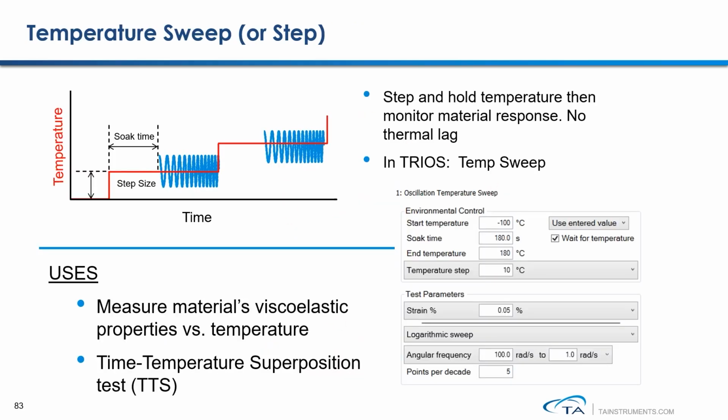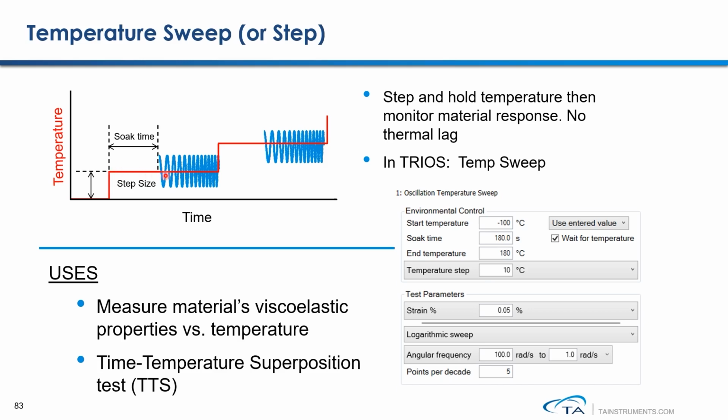In addition to performing a temperature ramp experiment, one can also consider to design a temperature sweep or step test. In this measurement, the temperature is changing stepwise. The instrument jumps to one measurement temperature, holds there for a certain amount of time until the sample is totally equilibrated.